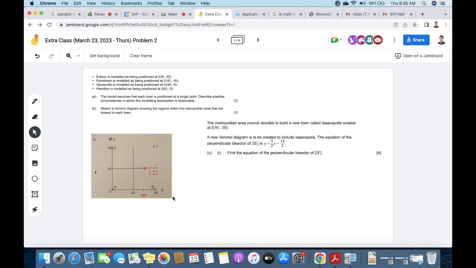First, you are given that the equation of the perpendicular bisector of IE is this one. Take note that this is the perpendicular bisector of IE.